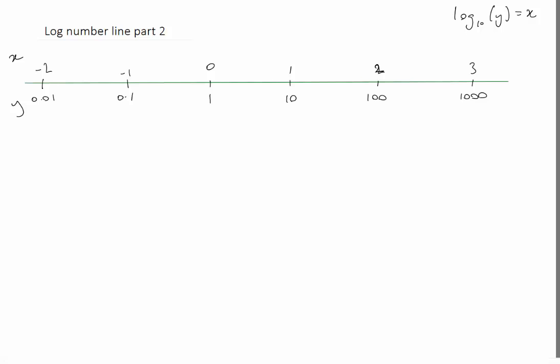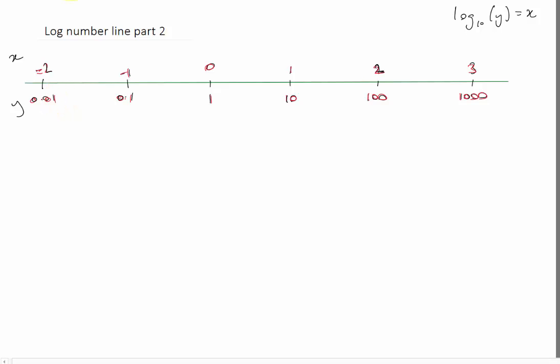Alright, so first of all, let's add a couple of things that we already know about. So let's make all these red so that we can see them more easily. There we go.